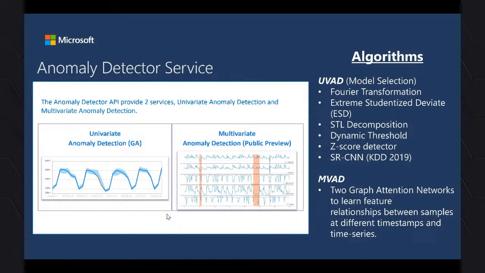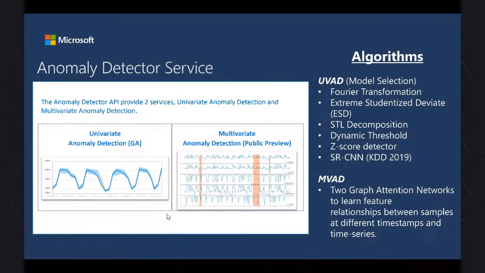For example, the temperatures, pressures, vibrations, etc. within one equipment will probably have some correlation with each other. So in that case, you can use multivariate anomaly detection to detect correlation changes within that. And with this service, you can tell whether at this timestamp your equipment is in a severe mode or in a healthy mode.